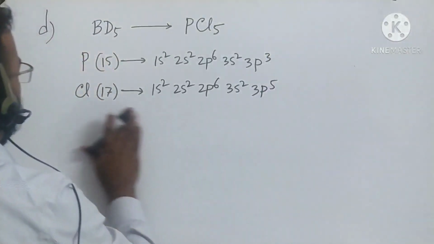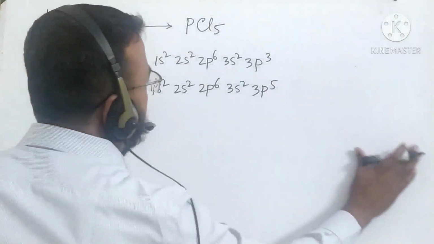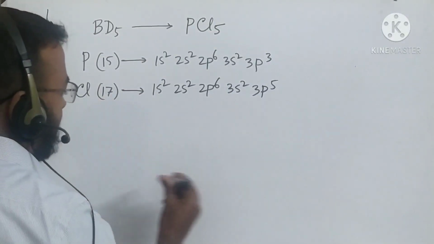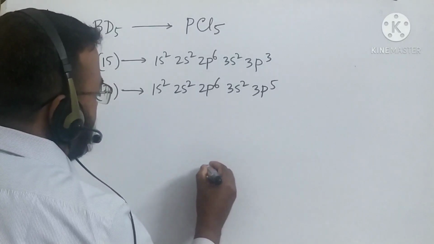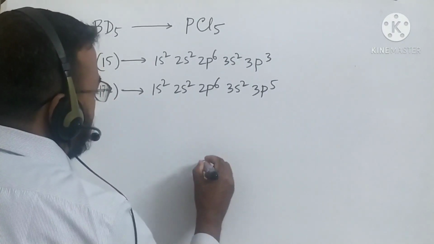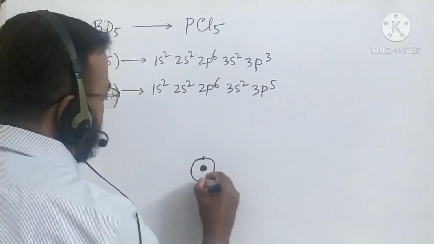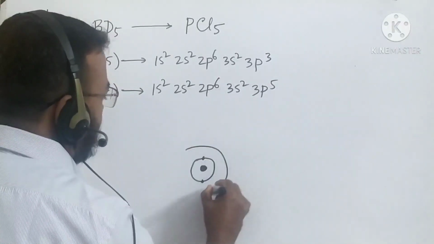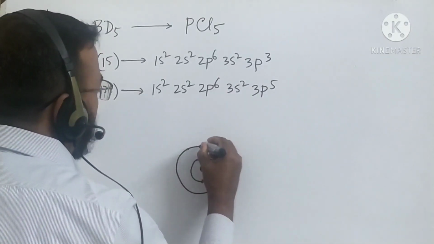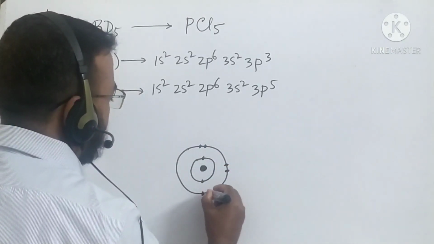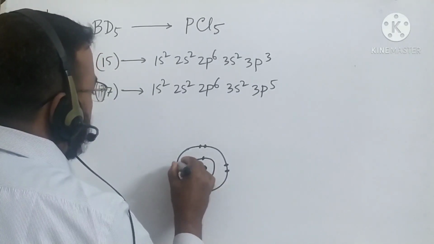Okay, now we will see how phosphorus and chlorine form the bond. First of all I am drawing phosphorus. It has first energy level 2 electrons, then second energy level 1, 2, 3, 4, 5, 6, 7, 8.